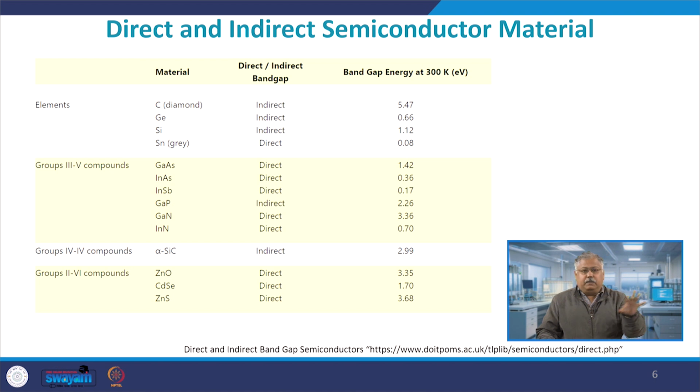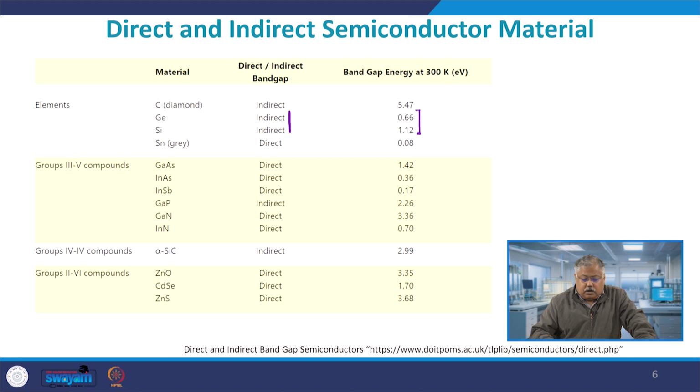Let us look at the elemental materials first: silicon, germanium, tin, and carbon. Silicon and germanium are basically indirect band gap materials, and the band gap at 300 Kelvin is given by 0.66 electron volts and 1.12 electron volts, which is relatively small in terms of energy.